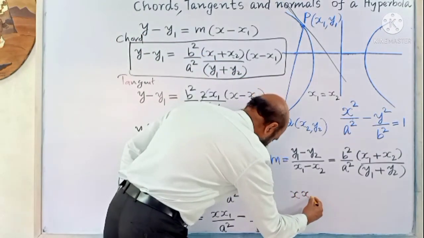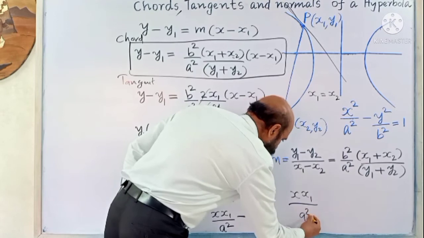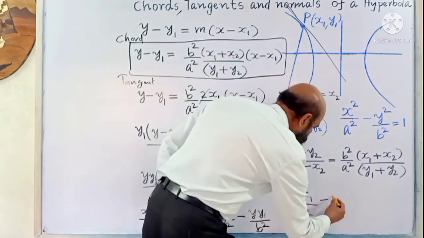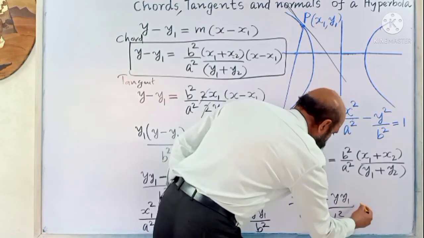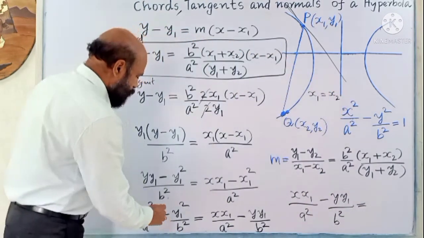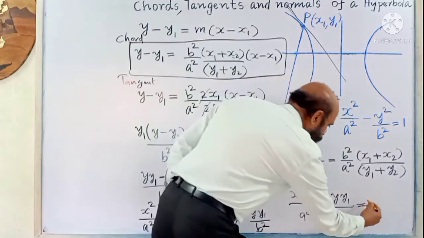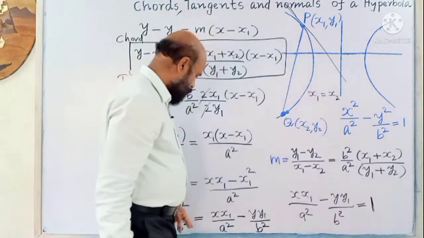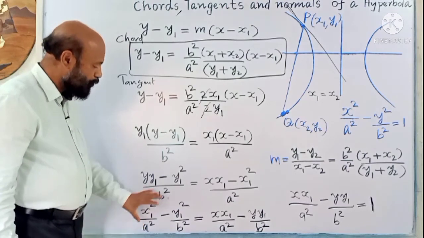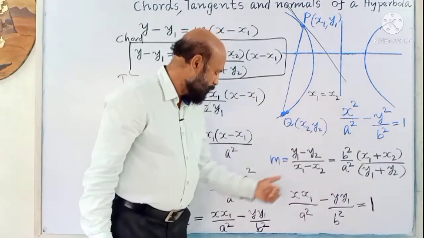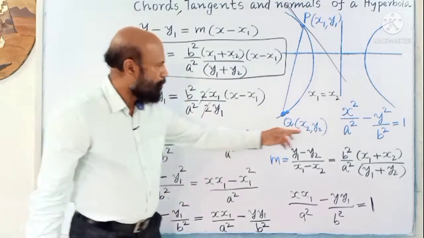x1 by a square minus y1 by b square is equal to, for this you can substitute 1, because x1 comma y1 is a point on the hyperbola, so it should satisfy the equation of the hyperbola. So this is 1.